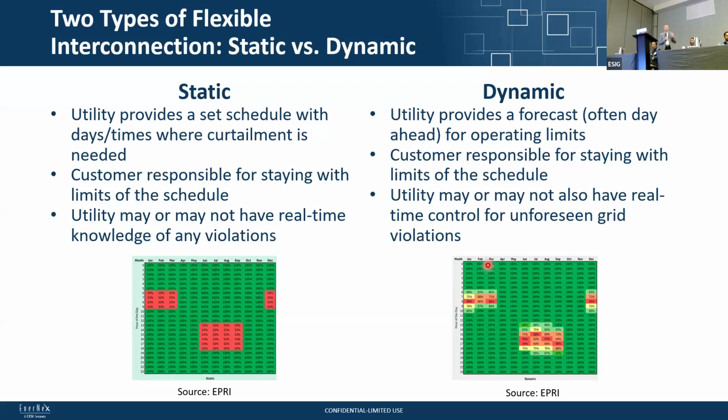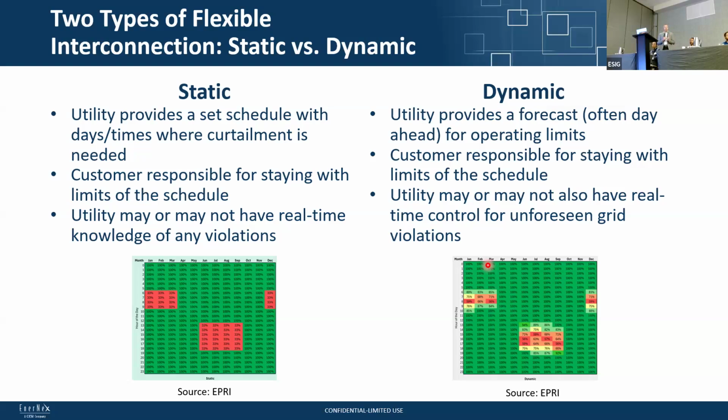They know these are the times and days when curtailment is needed, and the customer is responsible for staying within the limits of that schedule. The utility may or may not have real-time knowledge of whether they're adhering to it, depending on what the connection agreement looks like. But that's the static side.